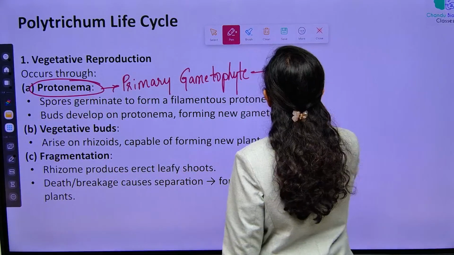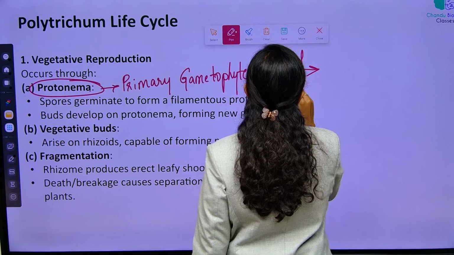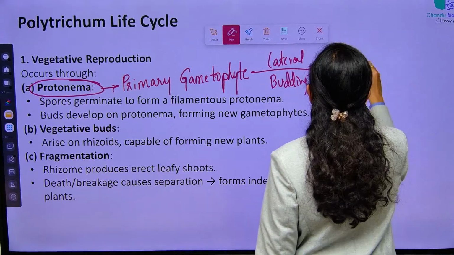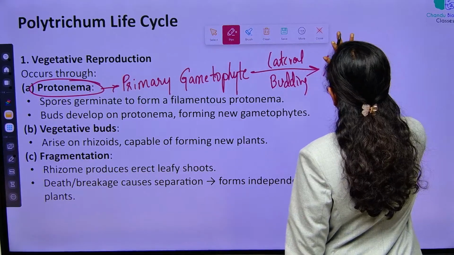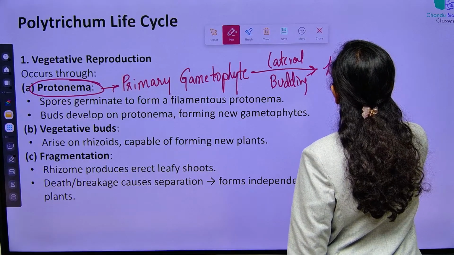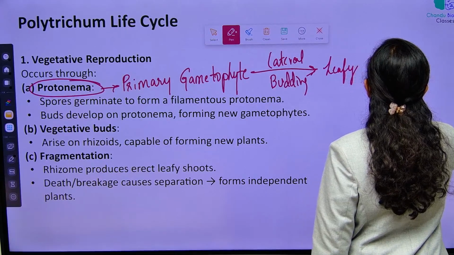Protonema undergoes lateral budding which gives rise to the leafy gametophytic structure.